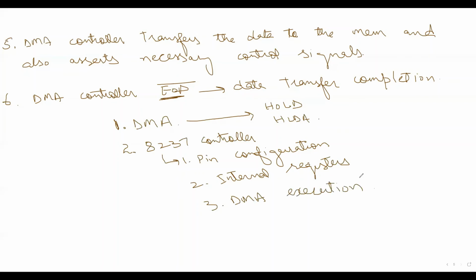There are many other details related to this 8237 controller, for example, programming of the 8237. We have not discussed programming, but if you have time, you can go through this concept as well. So this was all about the DMA operation, direct memory access, and the programmable 8237 DMA controller.